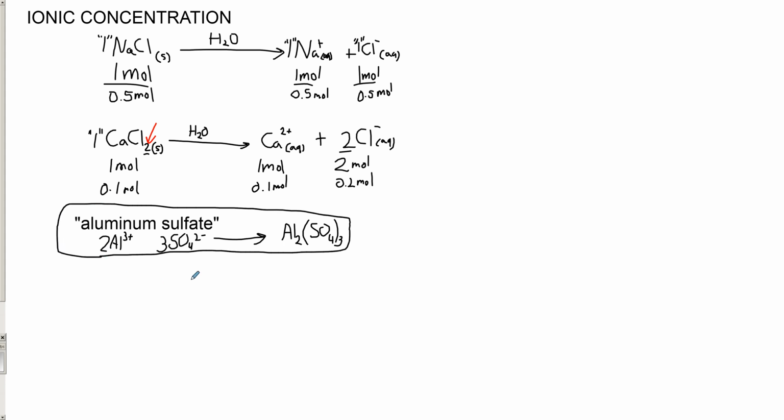So I'm going to say Al2(SO4)3, and we'll say it's a solid. We are going to dissolve that in some good old H2O. We have 2 aluminums, so I will say 2Al3+ aqueous.